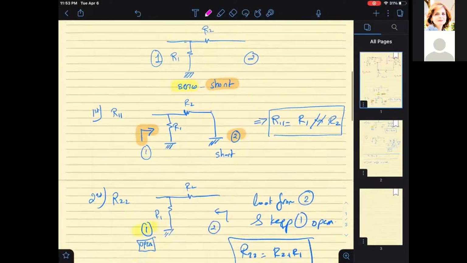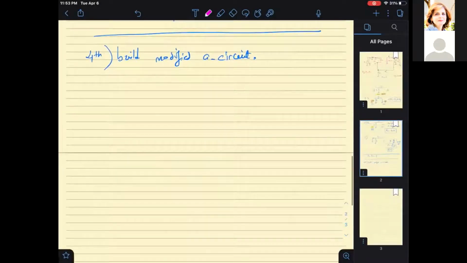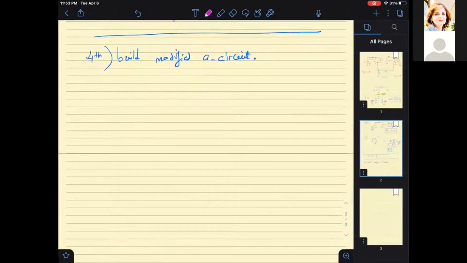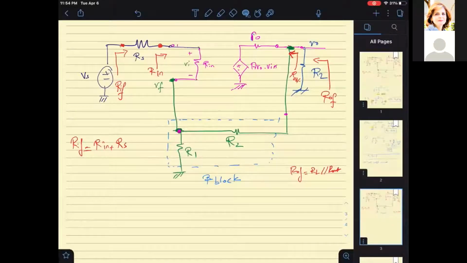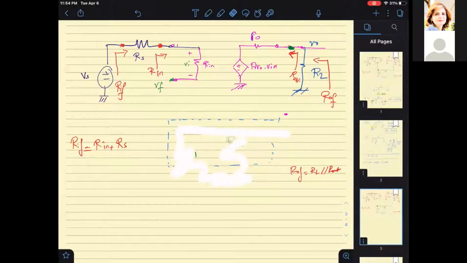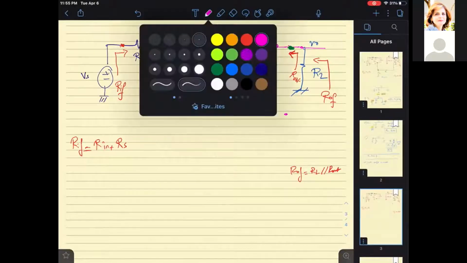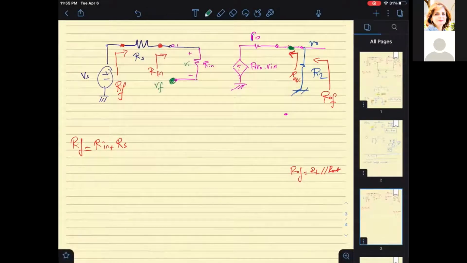Okay, so if I redraw the A circuit, we have here the A circuit, the modified A circuit. We are going to remove the beta block completely. And wherever the beta block used to exist, at this pin, this was connected below and this was connected below.